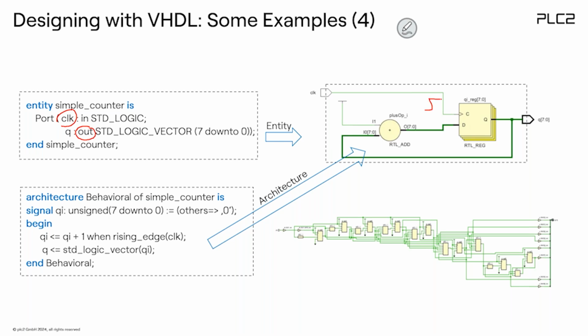If there's a rising edge, then the new value is nothing else than the previous value plus 1. So if I write this, I would say Q is Q plus 1. But this is wrong because Q is defined as output. You see here, output, but this would be used as an input on the right side of the equation, so this is not correct. You will get immediately an error.